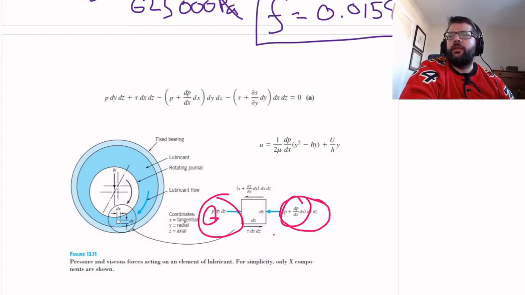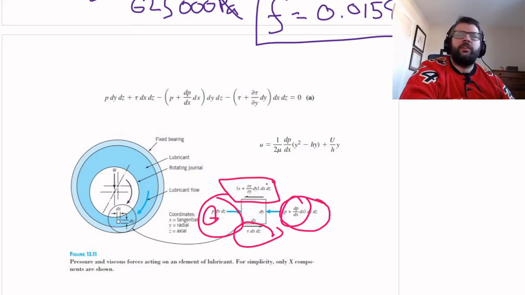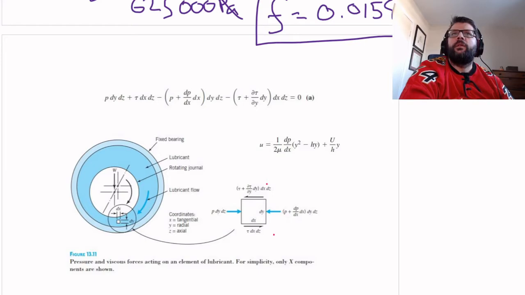Then on the bottom faces, we got shear stress going on. So we got a certain amount of shear stress, and we got the same amount of shear stress in the other direction, except we expect that there's going to be some sort of shear gradient. So there's going to be some sort of difference in the shear there. So go ahead, add all that up.